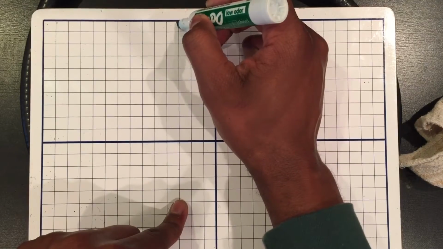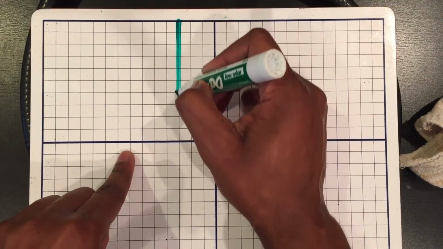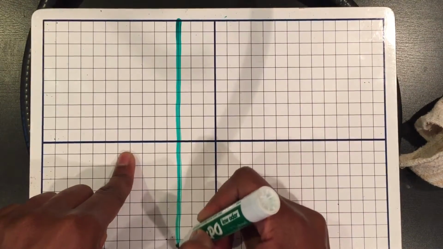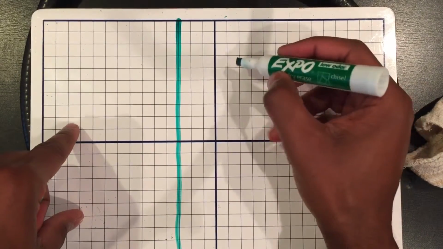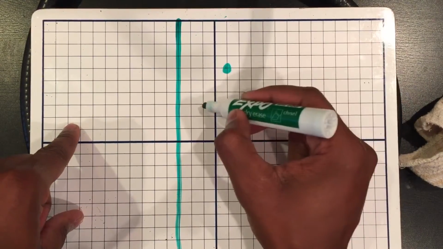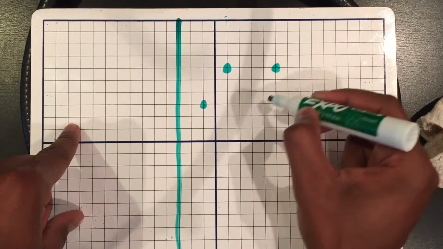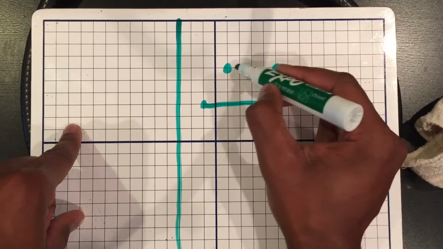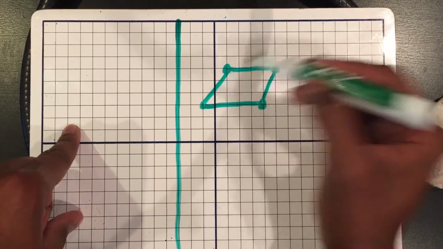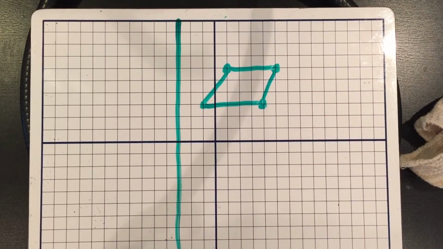So now say we have this vertical line right here, and we want to reflect this, we'll say rhombus. It's not exactly a rhombus, some quadrilateral.